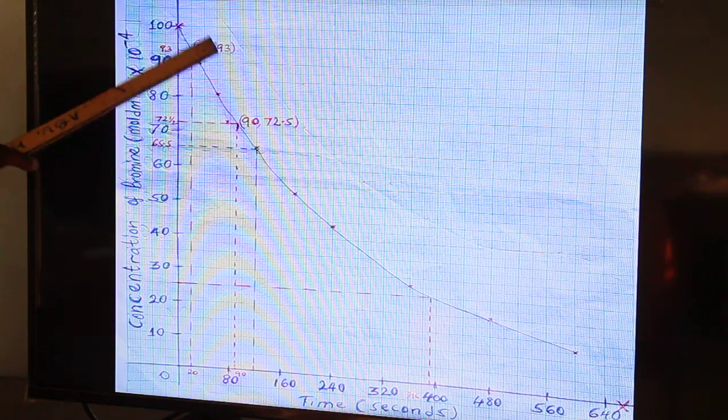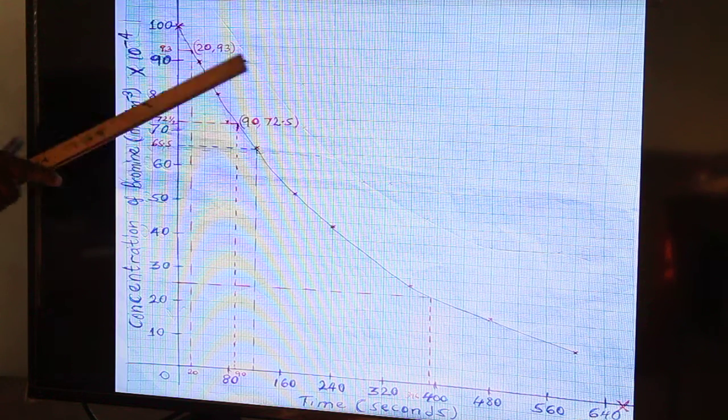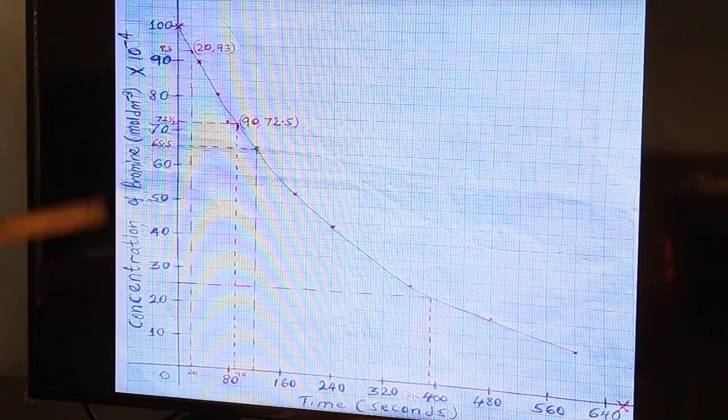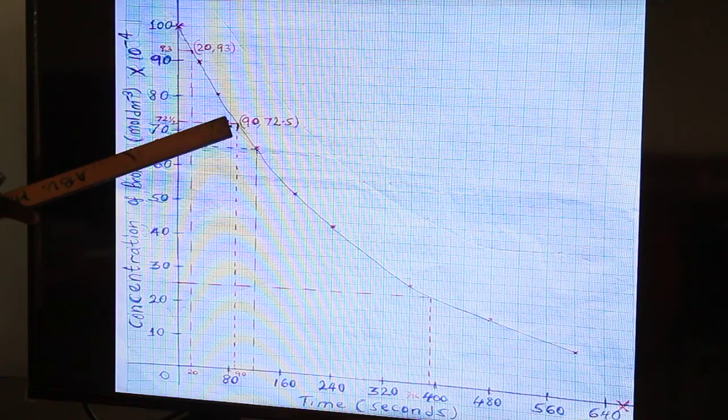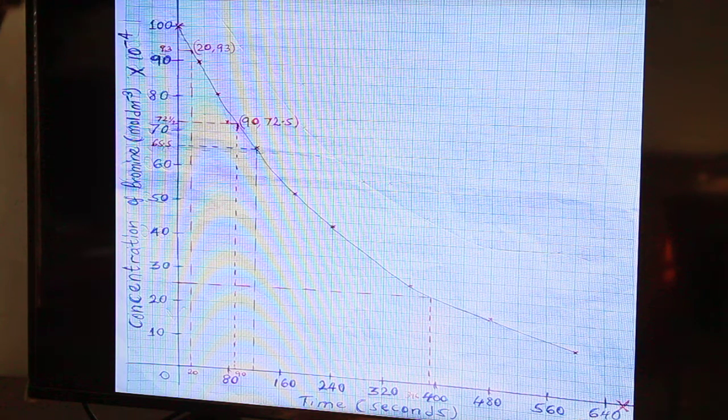So we have the coordinates, x, y and x, y. Now when you want to calculate the average rate between these 2 points, you simply calculate the gradient. But here you don't draw a tangent. You only draw a tangent when you are calculating the rate at one particular point. But this is the rate between 2 points.